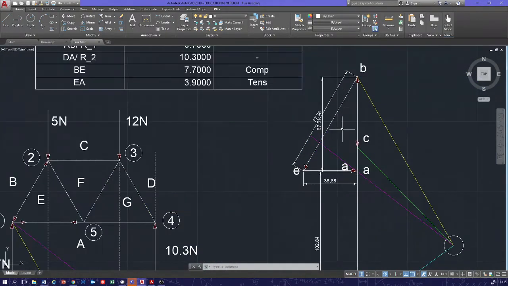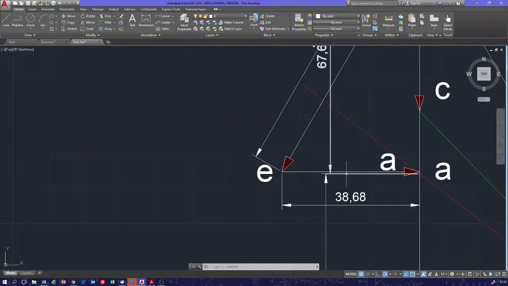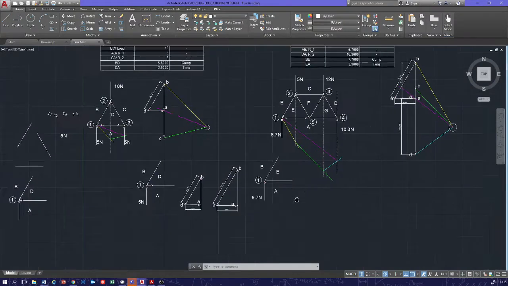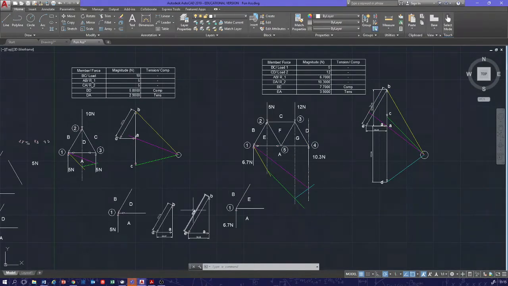Whereas if I'd done it from this diagram from the start, then this line here would be in exactly that place, exactly at that intersection. But because I did it as a separate thing, I've already introduced rounding errors. So easier to follow, potentially less accurate. Okay, so there we go.